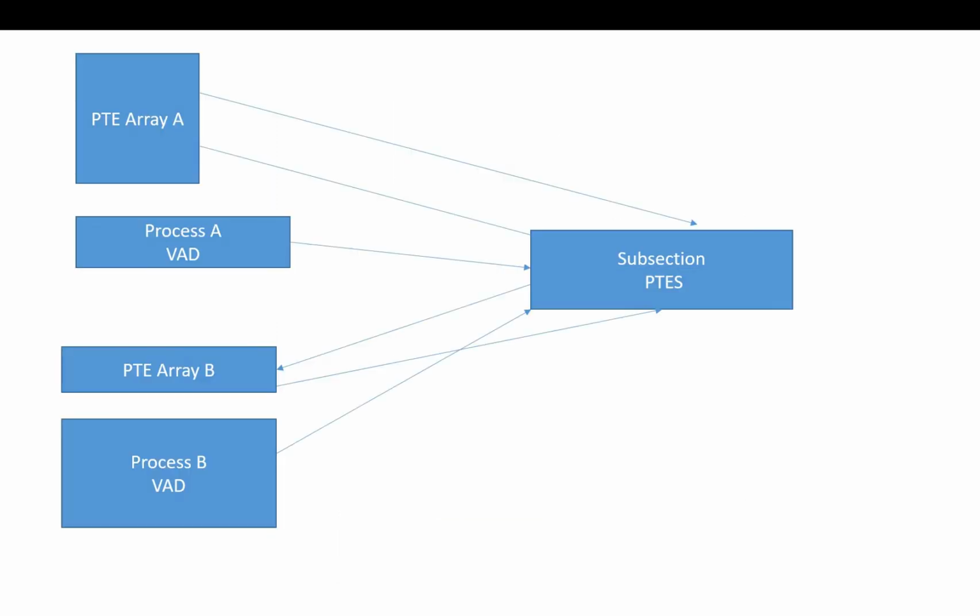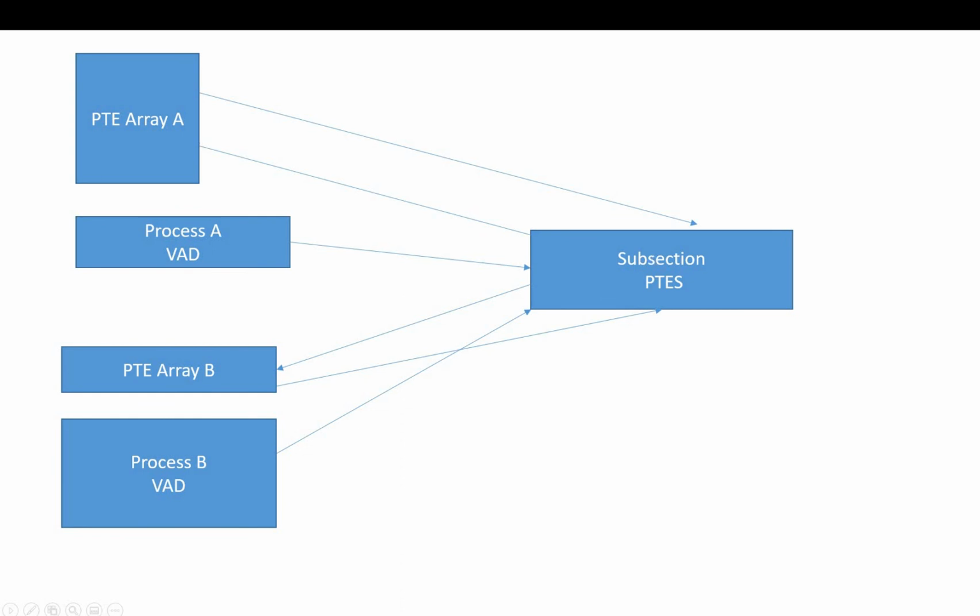And as I mentioned before, the PTE array can point to the subsection PTEs, and so you have PTE array B. So the way it works is that when we take a page fault, to get the PTE, we go to a PTE that's in what's called a subsection.